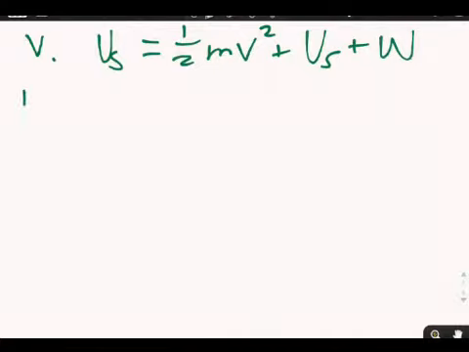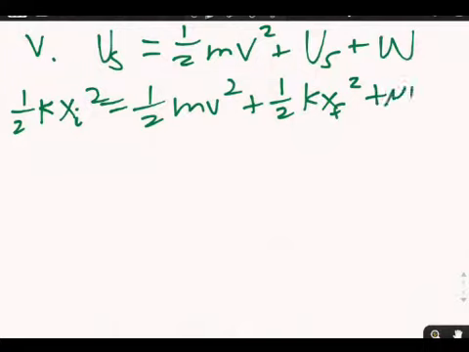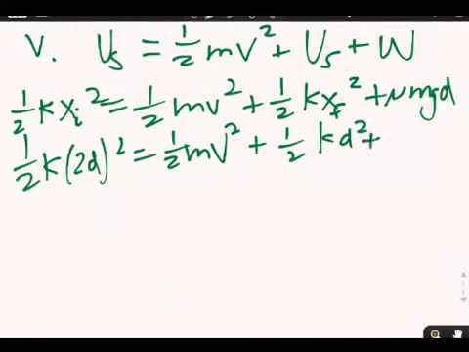If we plug these in, we have 1/2 k x initial squared equals 1/2 mv squared plus 1/2 k x final squared plus mu mgd. So the x initial was still 2d. I shouldn't have already put a d here.